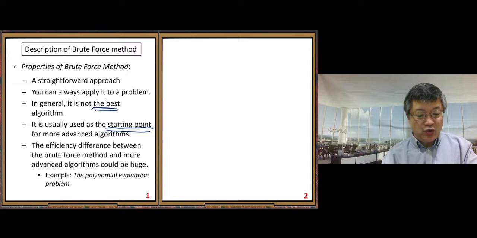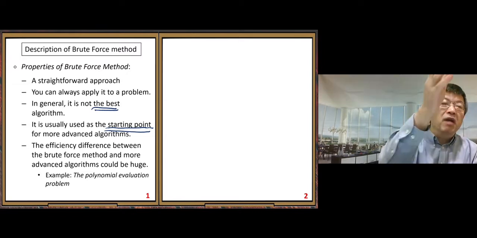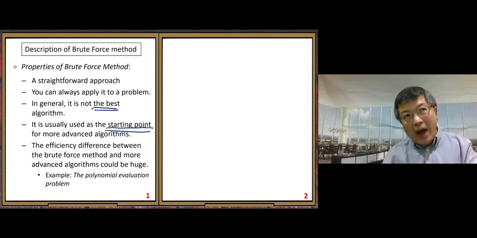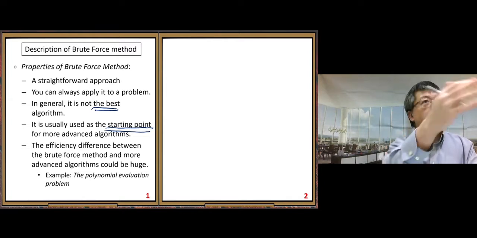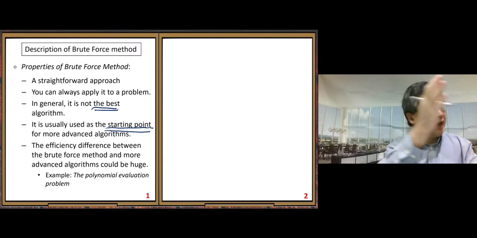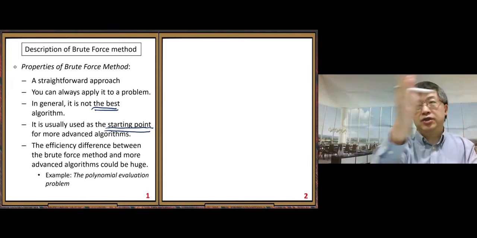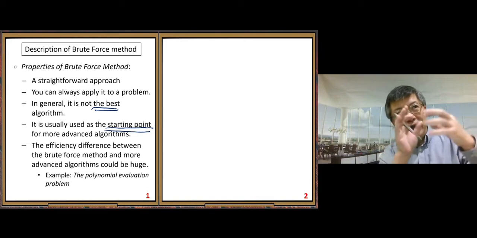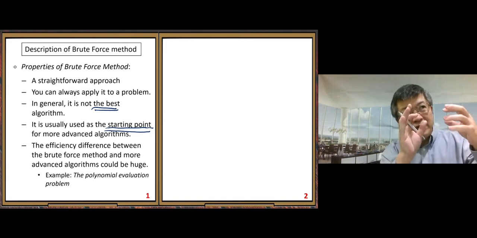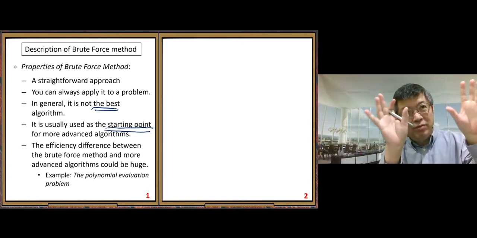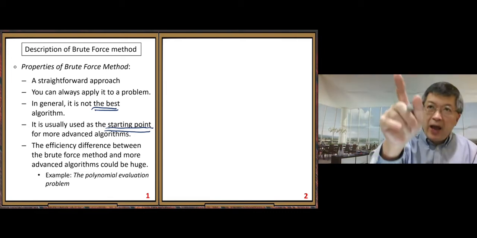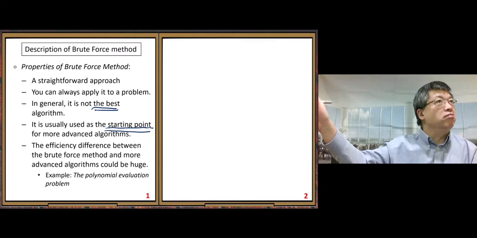This one, the polynomial evaluation problem. In that one, we used 2 methods. The first one, brute force method. Second one, Horner's rule. And we compared the difference, right? How big is the difference? I used a simple example, right? 5.8 days versus 1 second.